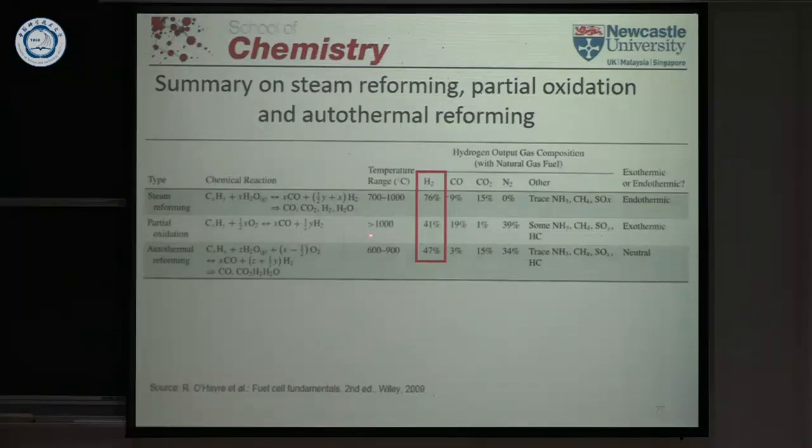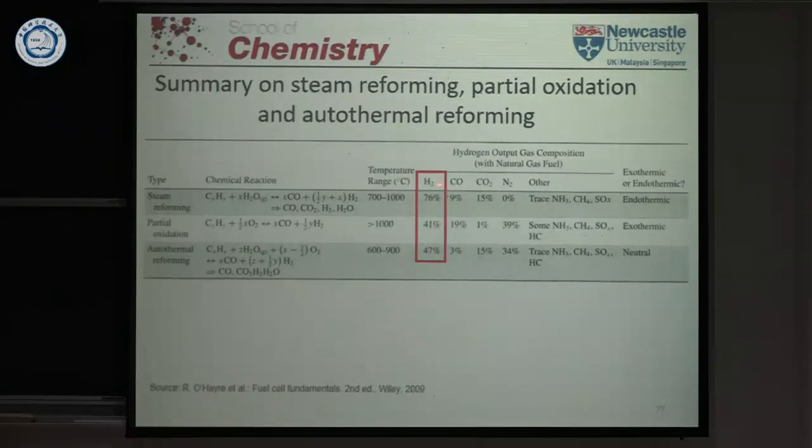Now, partial oxidation is something that's much simpler to do. It's slightly exothermic, not very highly, so it is okay to manage. You see that the temperature can be fairly high and needs to be fairly high. And this leads also to very high amounts of carbon monoxide. This is a result of the high temperature here, because of the water gas shift reaction.